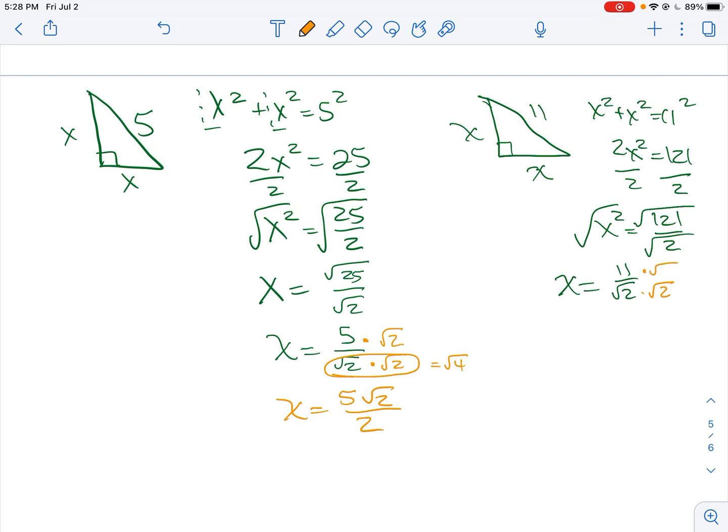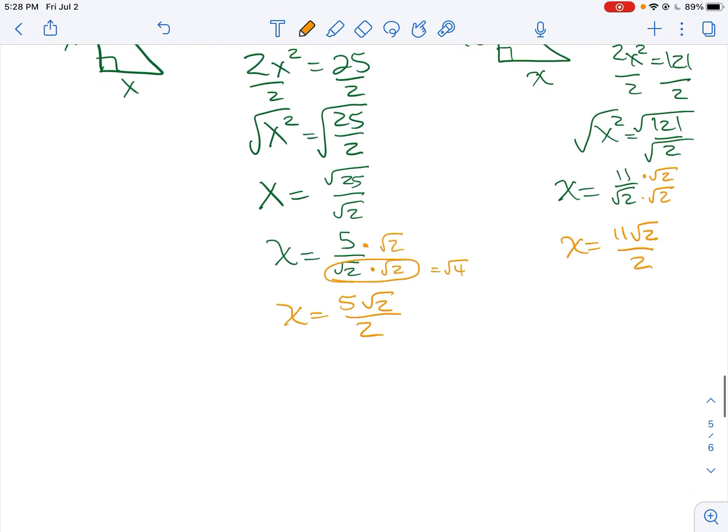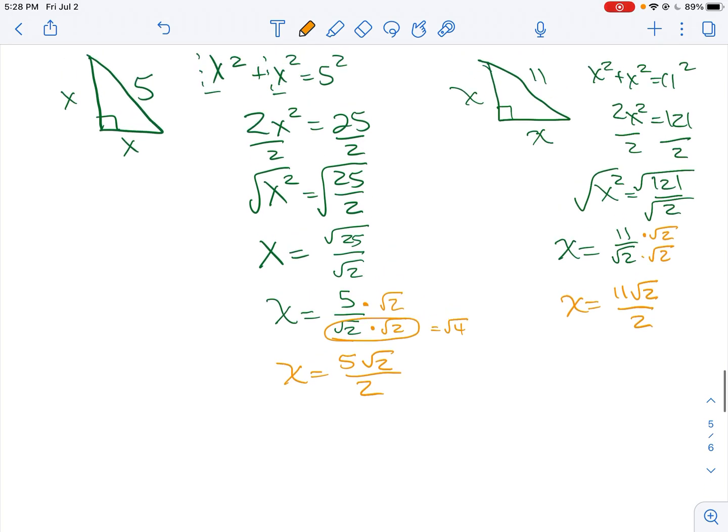I have to do what's called rationalizing the denominator. And when I do that, I get x equals 11 radical 2 over 2. So do you see a pattern yet?